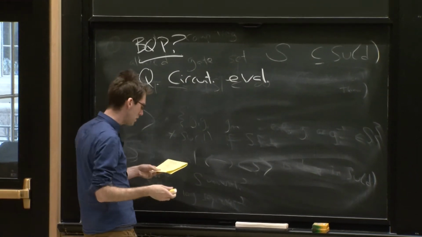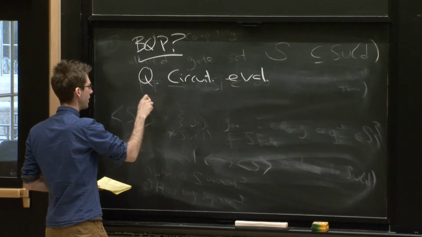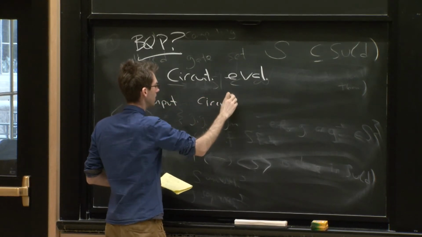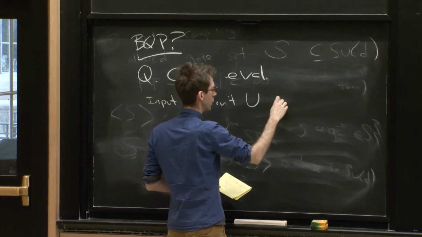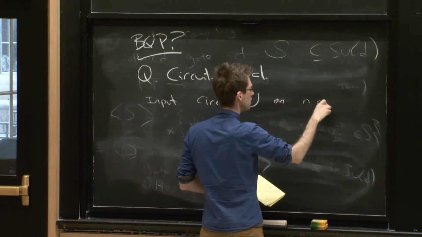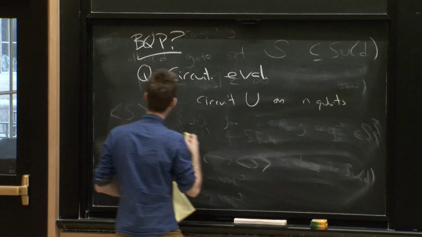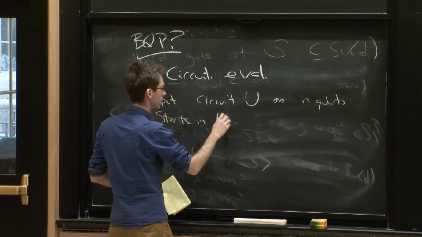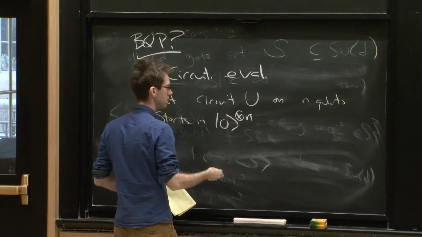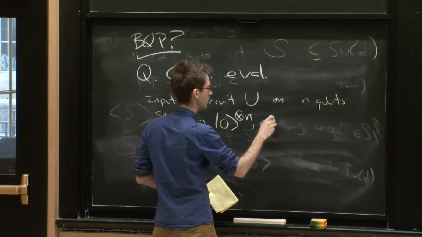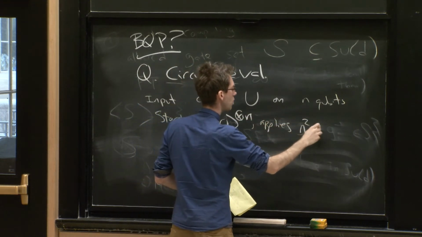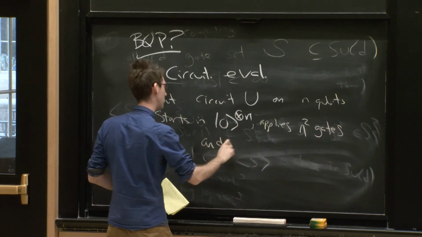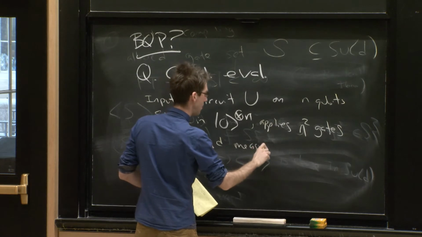And the problem is the following. The input is a circuit U. Let's say it's on n qubits. Let's say it starts in the 0 state, applies n squared gates, and measures.